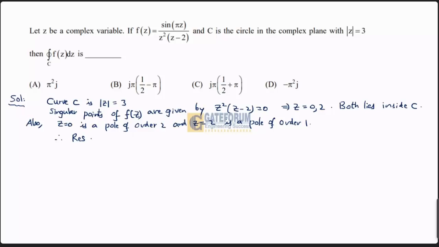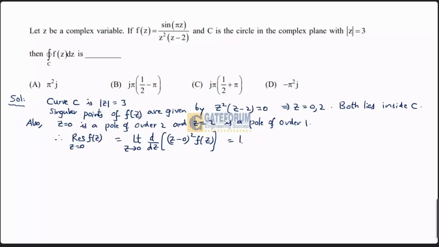Residue of the function f of z at z is equal to 0 is equal to limit z tends to 0 d by dz of z minus 0 whole square into f of z.